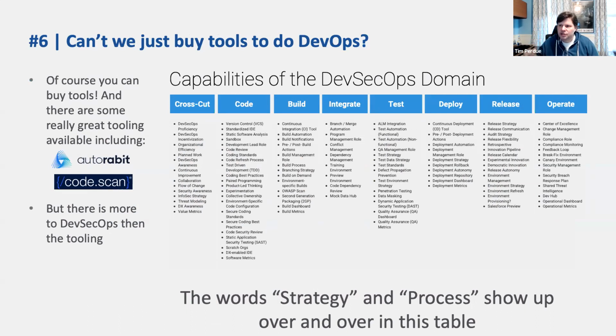You see things like strategy, you see things like process. These are all made up of these capabilities of the DevSecOps domain. Tooling is critical, and you're definitely going to need tooling, but there are other things to consider. You can buy part of it, but part of it is going to be cultural, the people part of people, technology and process.